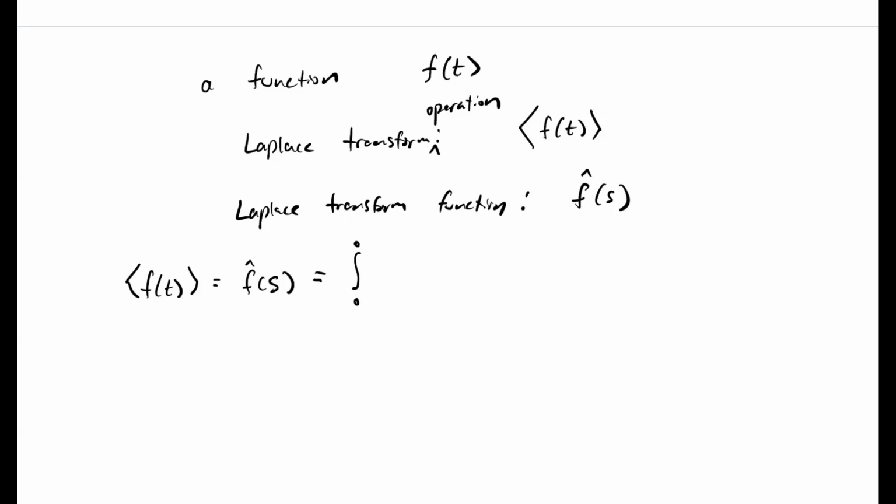It's the integral from 0 to infinity of exponential of minus s times t times whatever your function is, a function of time, dt. Okay, so what are we doing here? We're taking the transform is the integral of the exponential minus st. That's always the same. The thing that changes based on your case is whatever f of t is. Okay, it could be a constant, it could be whatever function of time that you have.